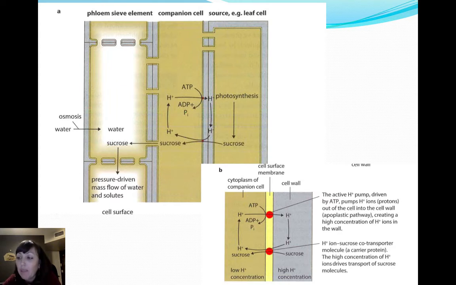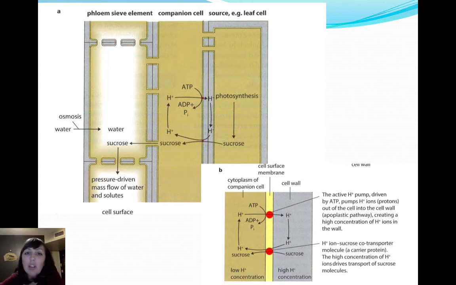Phloem unloading requires energy, and similar methods to those used for loading are used for unloading. Okay, but once in the tissue, the sucrose is then converted into something else by enzymes, decreasing its concentration and maintaining that concentration gradient. One example of an enzyme is invertase, which we've talked about, which hydrolyzes sucrose back into glucose and fructose.